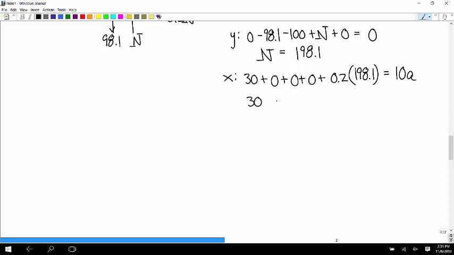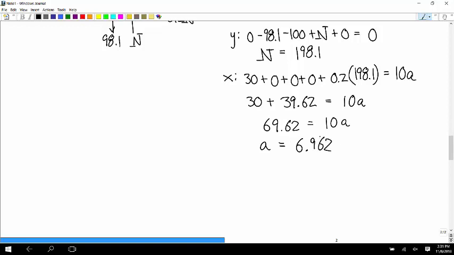And so 30 plus 39.62 is 69.62, which is equal to 10a. And so a is equal to 6.962 meters per second squared.